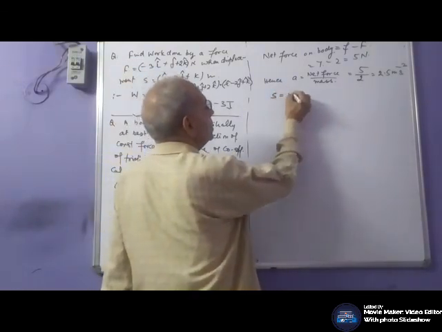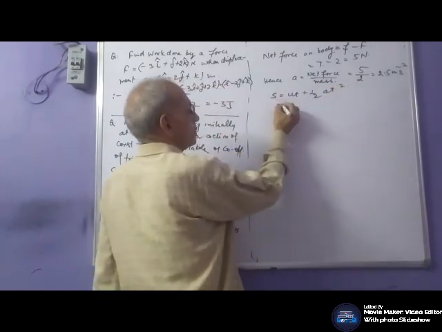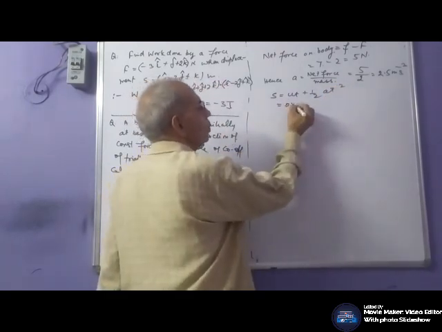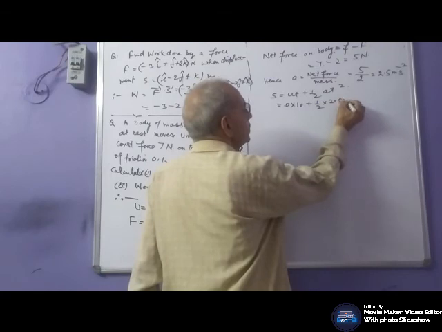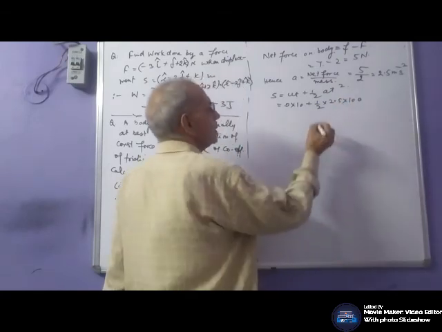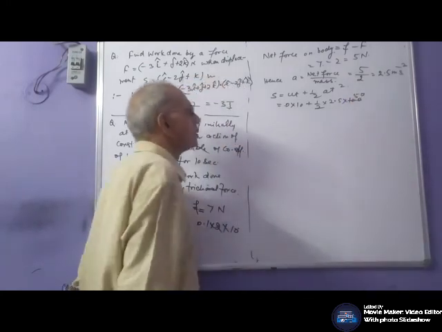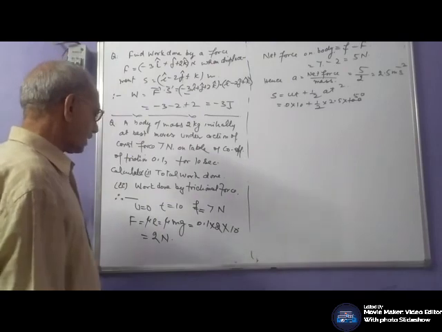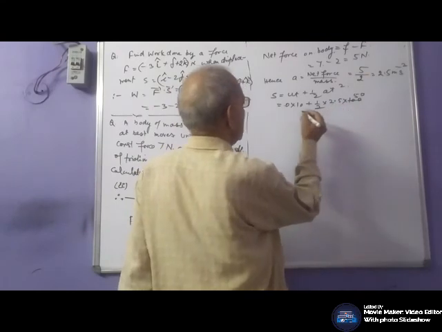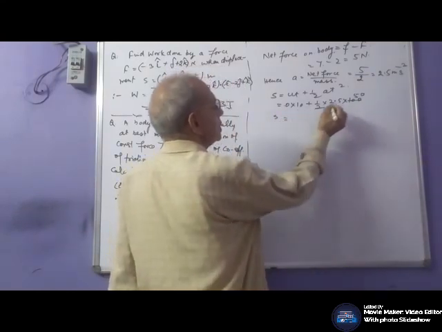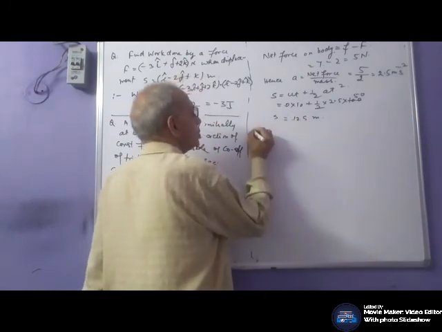Now S is ut plus half at square. U was 0, T was 10, half A is 2.5, T square is 100. T is 10 seconds. So S is 125 meter.